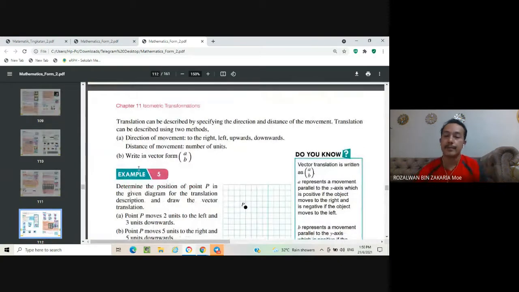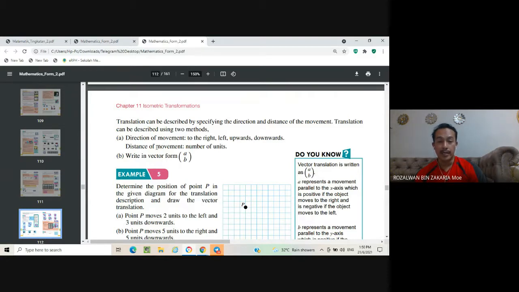Okay, translation can be described by specifying the direction and distance of the movement. Translation can be described using two methods. The first one, direction of the movement: to the right, left, upward, and downward.